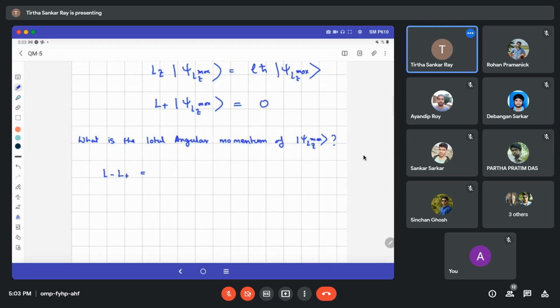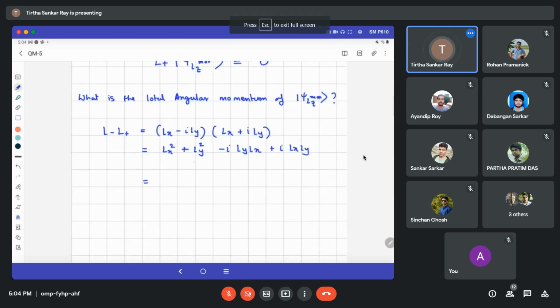So this is Lx minus i Ly multiplied by Lx plus i Ly. If you do the multiplication, you will get Lx square plus Ly square, because there is a plus i and a minus i, and then there will be a minus i Ly Lx plus i Lx Ly. Here I have to be careful about the ordering, because remember, Lx and Ly do not commute with each other, so you should keep the operators in the correct order.